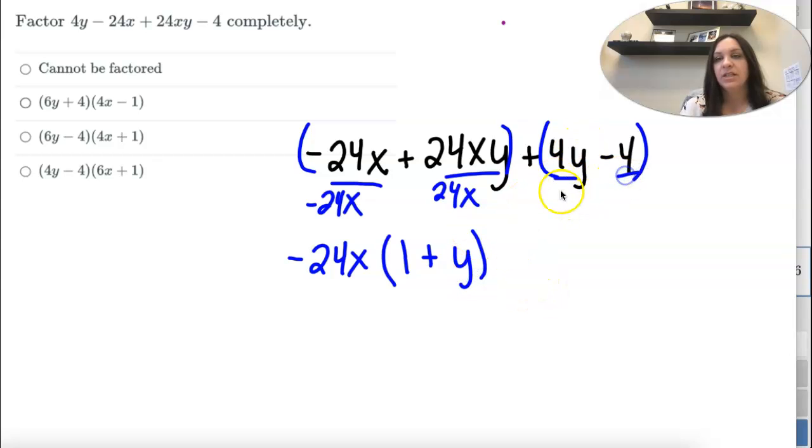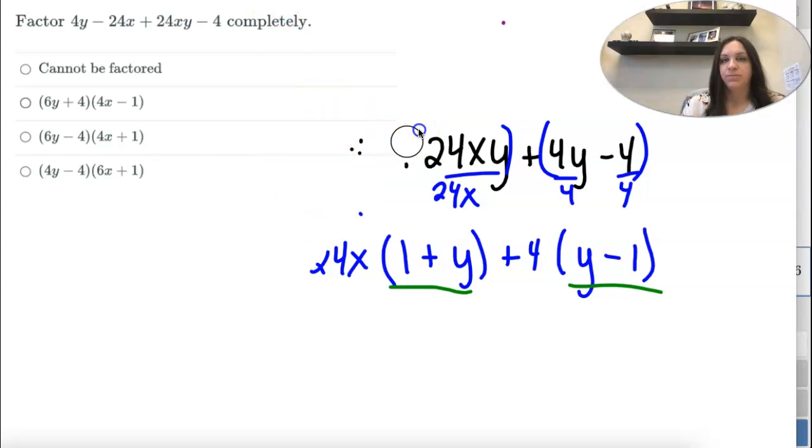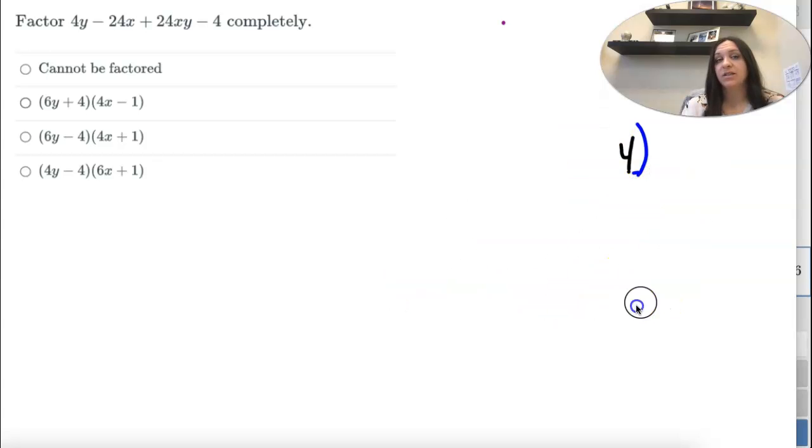And then here I can take out a 4, and I'm left with y minus 1. All right, so the problem here is these need to be the same when we have the distributive property. So that actually doesn't work. So I'm going to erase that, and we're going to have to try a different way.